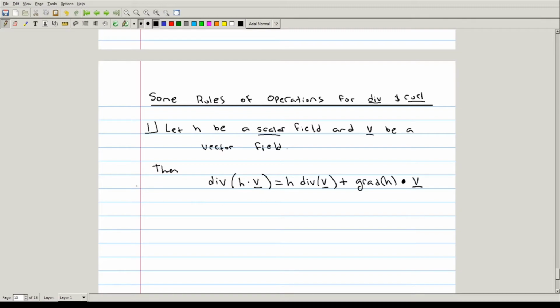But it'd be a good idea to go over the proof of this and verify this for yourself. So I showed how to do that, and it'd be a good exercise to do that.